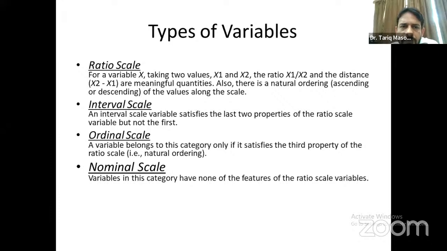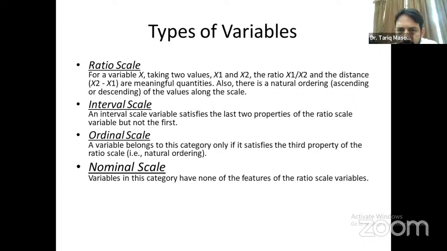Those are variables which are purely quantitative. But for the exact definition, you can say any variable is a ratio scale variable if, suppose we have 2 values of that variable, x1 and x2, at 2 different times or at 2 different spaces, the ratio x1 divided by x2 and the distance between these 2 points, x2 minus x1, are meaningful quantities.